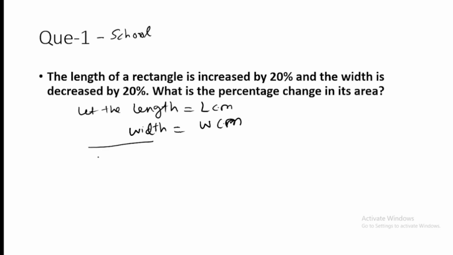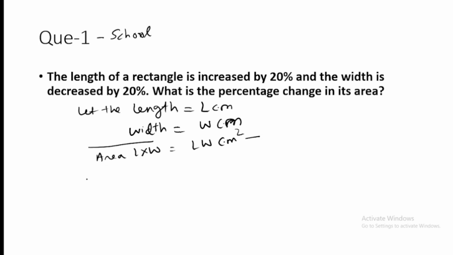So the area of a rectangle, when the length and width are given, is length multiplied by width or breadth. So it is LW centimeter square. We don't have to find the absolute value because we are not given any absolute value. This is the original area. Remember this. It is LW centimeter square, or 1 LW centimeter square.